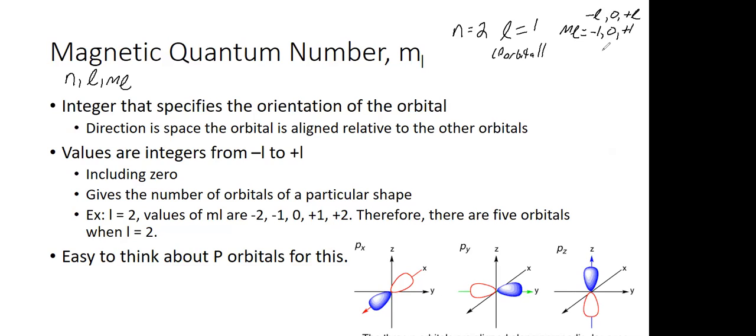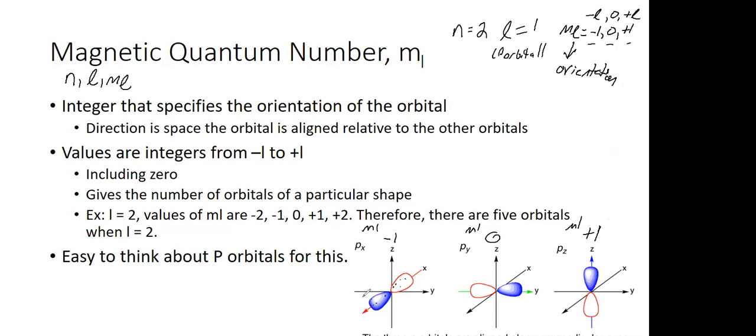Like I said in the previous slide, you can only have one of these values. So you can either be -1, you could be 0, or you can be +1. What this tells us is orientation. And this is the easiest to look at for our p orbital, which is 2 balloons, right? So let's say, I'm not sure if these are right, but we have m sub L being -1, m sub L being 0, m sub L is +1. So let's say your m sub L is -1. What that means is that you're in the 2 balloons somewhere on the x-axis, right?